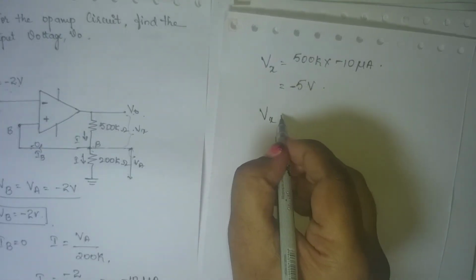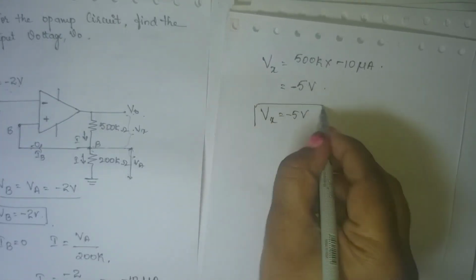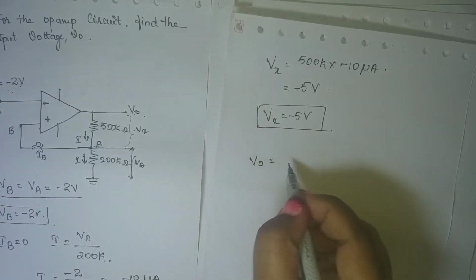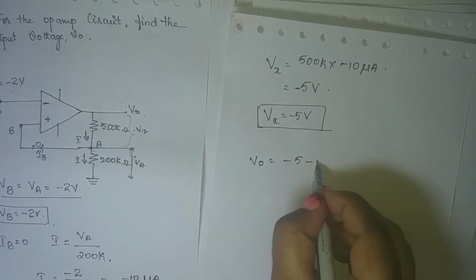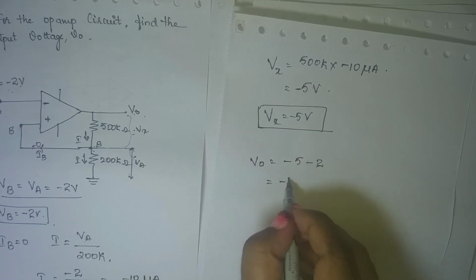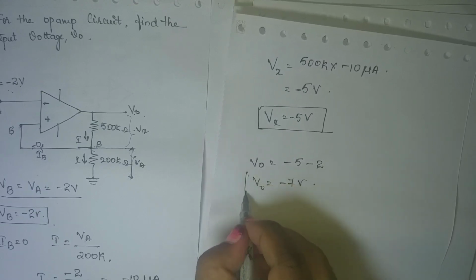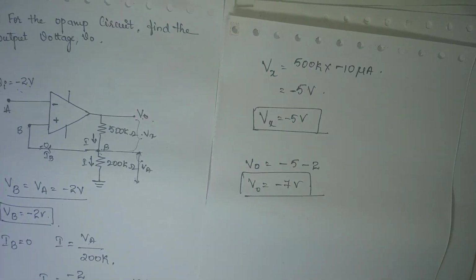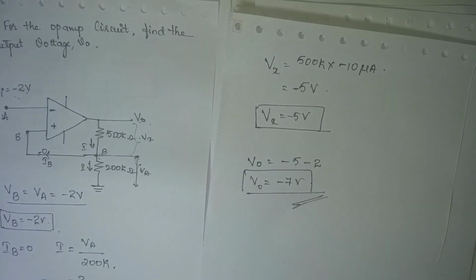So Vx is equal to minus 5 volts, and hence V0 is equal to minus 5 minus 2, which is minus 7 volts. So this is the value of V0.